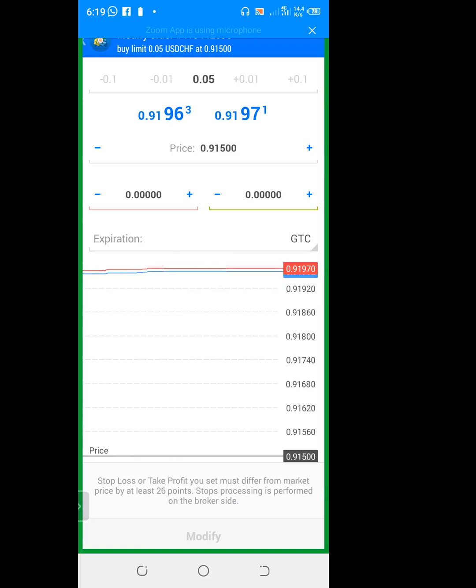Stop loss, use 40 pips. Are we there? Yes. Another one, sell GBP USD. Sorry, you said stop loss, how many pips?